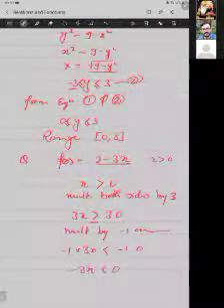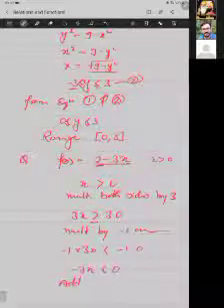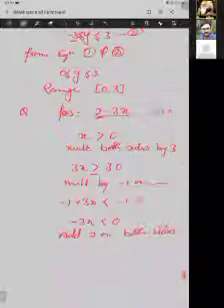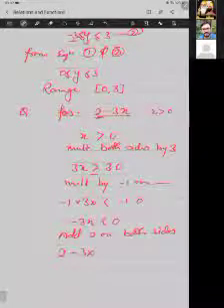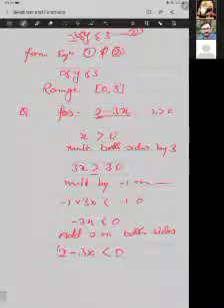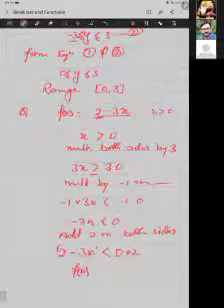Now add 2 on both sides. 2 minus 3x is less than 2, and this only was fx. Sorry, adding 2 on this side I had not added. Fx is less than 2, and fx can be said as y. Y is less than 2.